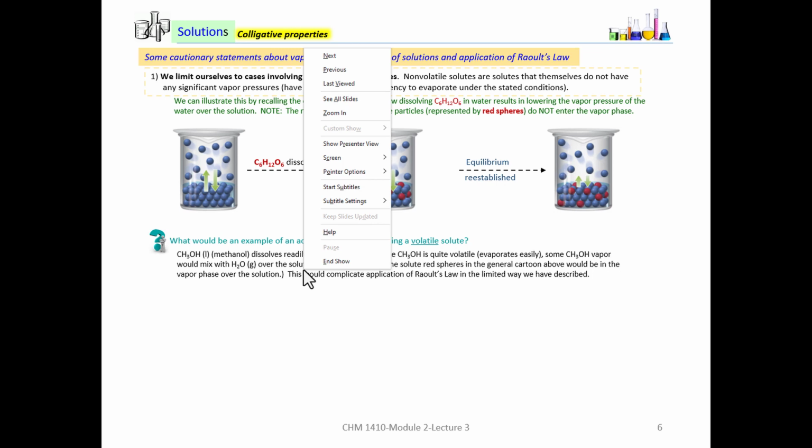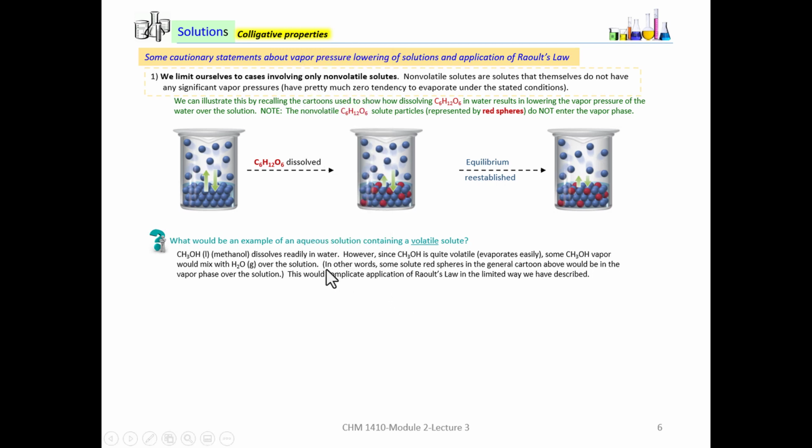And again, what that would mean is that in this diagram here, we'd have red spheres mixing in with the water in the vapor phase. This would complicate application of Raoult's law in the limited way that we have described. So we're going to avoid those situations. We will only be dealing with non-volatile solutes.